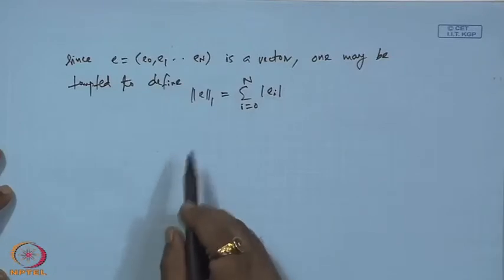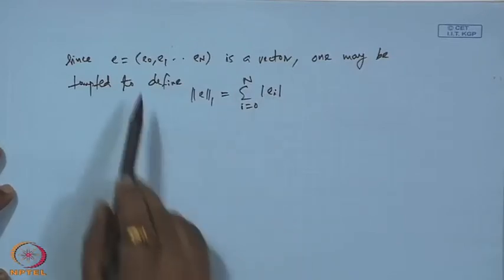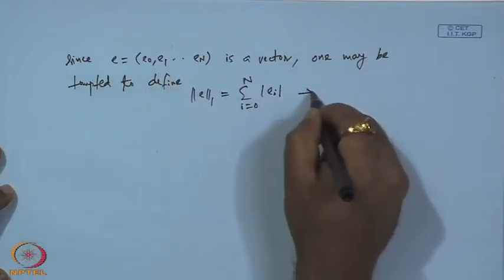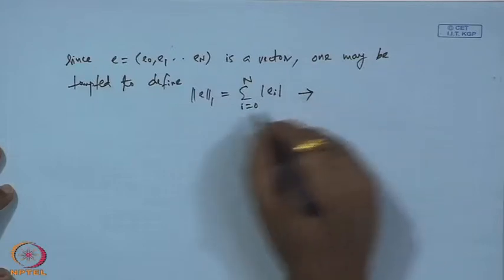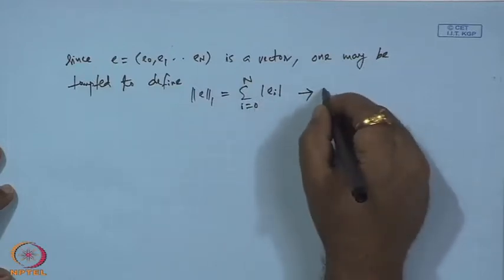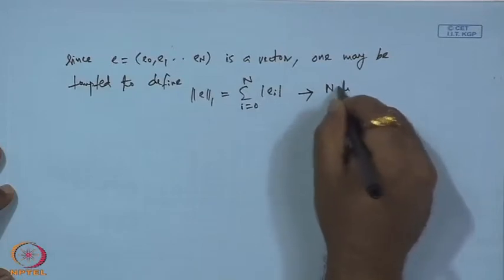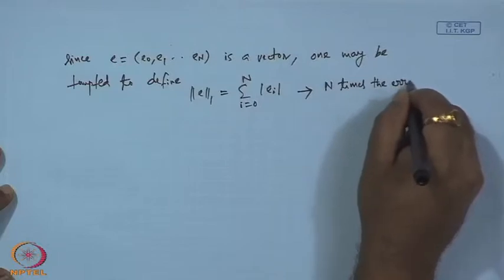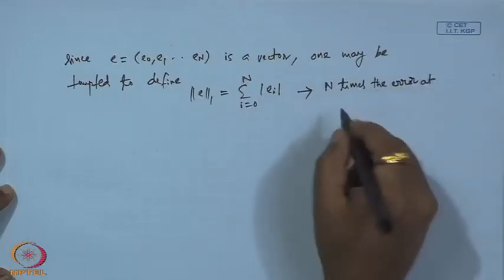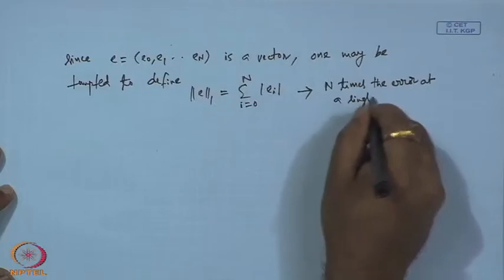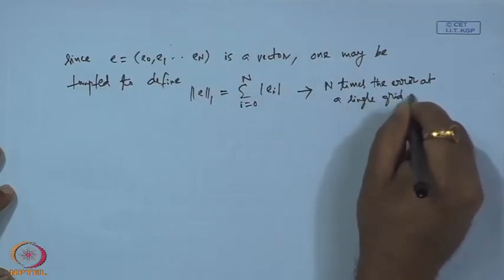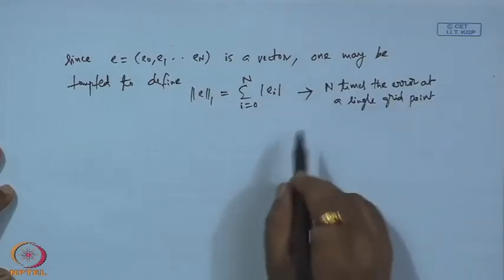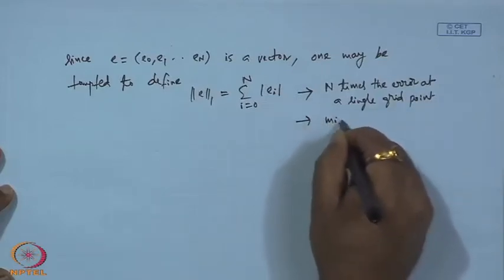Okay. But however, what will happen at each grid point, this one E i is the error. So, this will spoil the whole calculation. That means, if you consider this way, because this is n times the error at a single grid point in some sense. So, therefore, this is misleading.